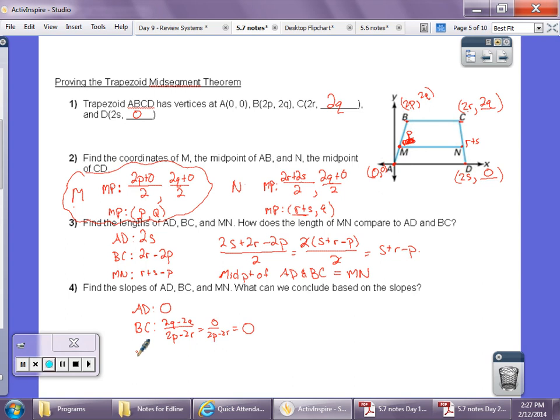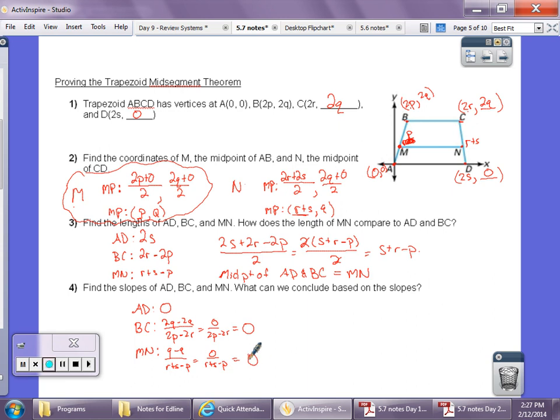And if you look at the slope of MN, it's q minus q over r plus s minus p, which is 0 over r plus s minus p, which is 0.